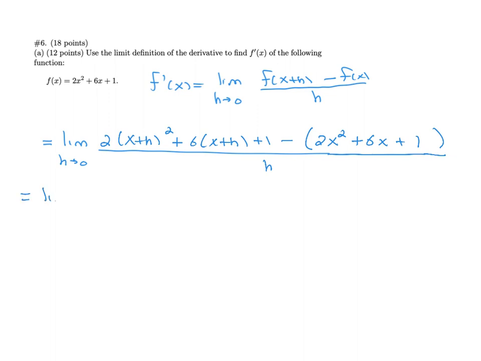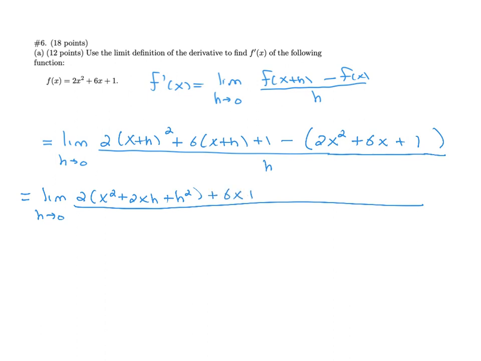The rest is a matter of simplifying. So to start with, I want to square x plus h. So that's 2 times x squared plus 2xh plus h squared. I'll now distribute in a 6. So I get 6x and 6h, and I have plus 1. If I distribute the negative, I get minus 2x squared minus 6x minus 1.